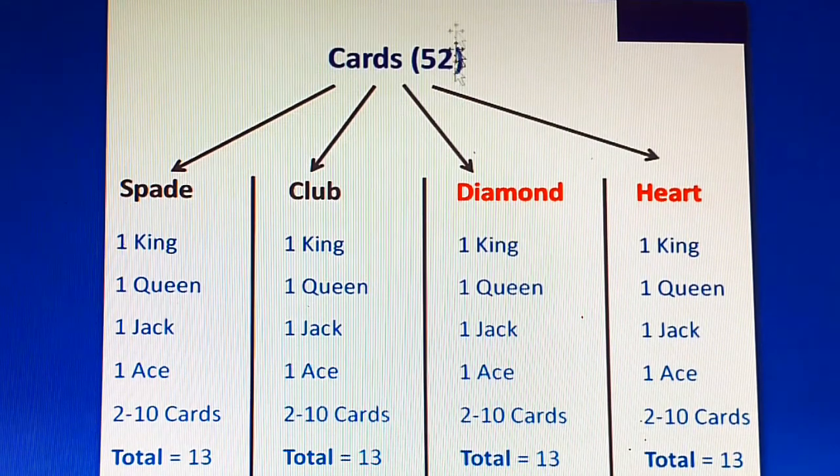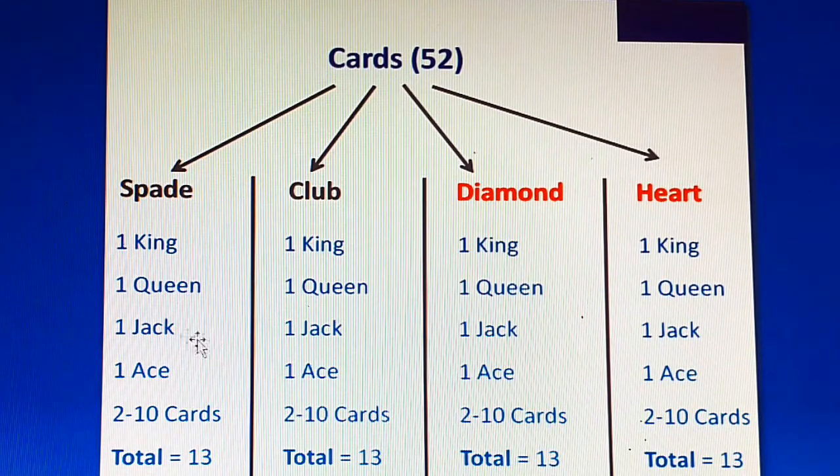Similarly, club has one king, one queen, one jack, one ace, and number cards from 2 to 10. The same for diamond and heart also. Each of these, diamonds, clubs, hearts, and spades, is called a suit.